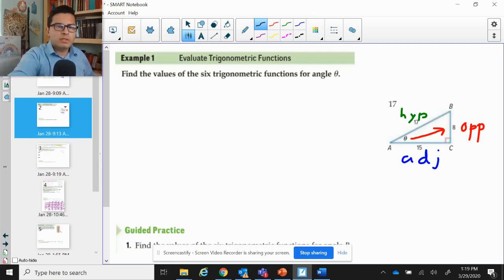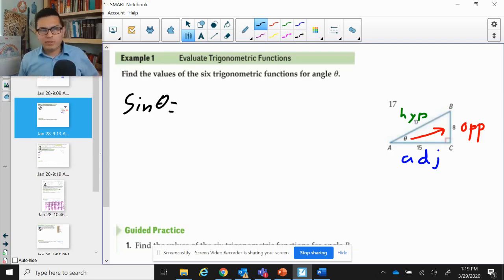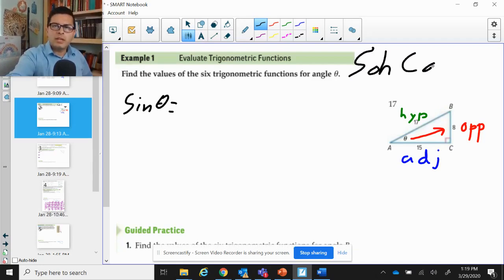We're going to say sine of theta, and that's going to equal, oh man, what does that equal? Well, we have to write out our SOHCAHTOA.